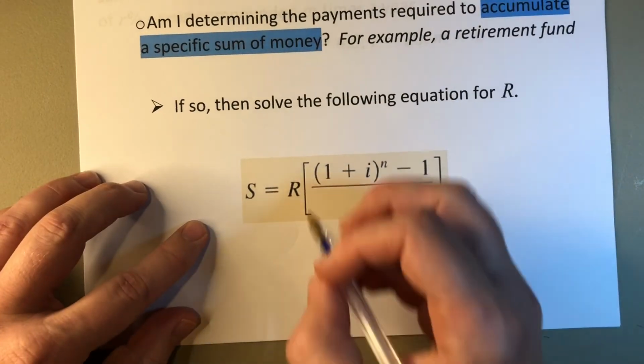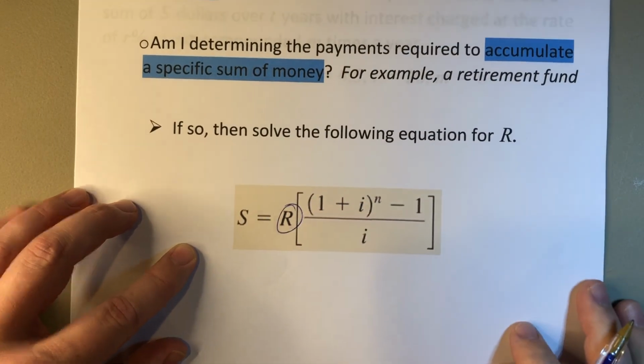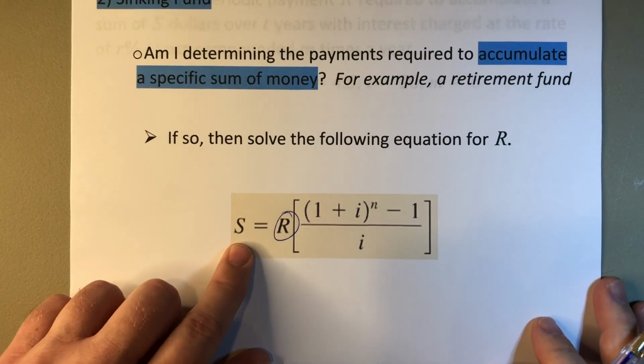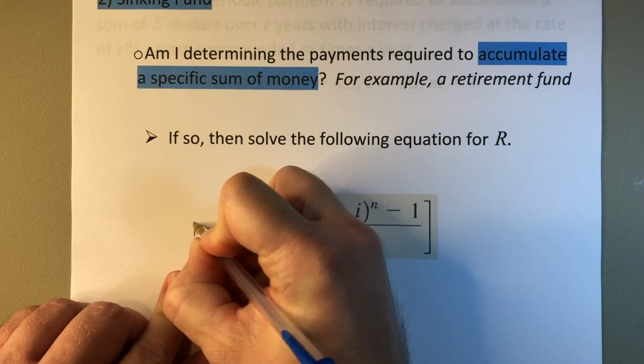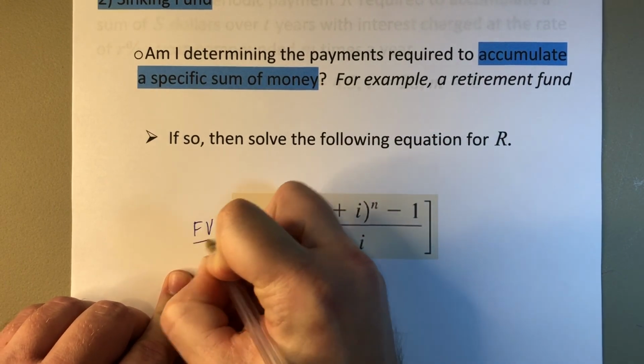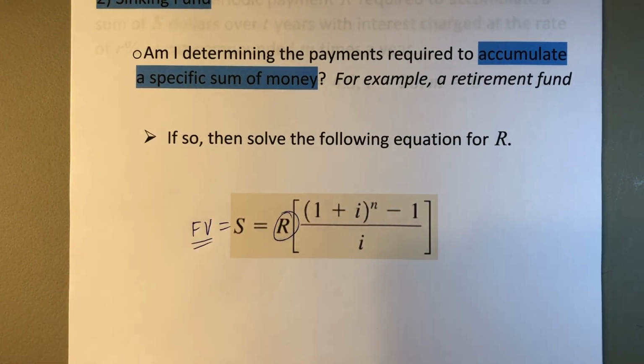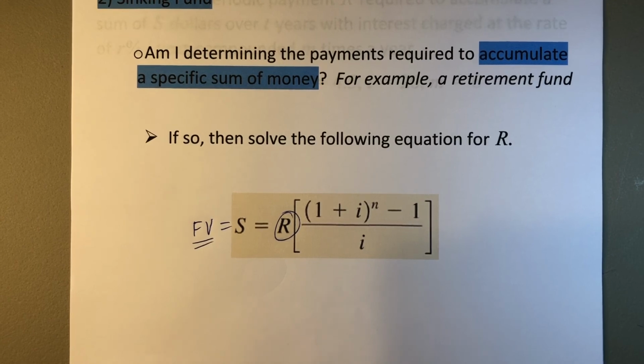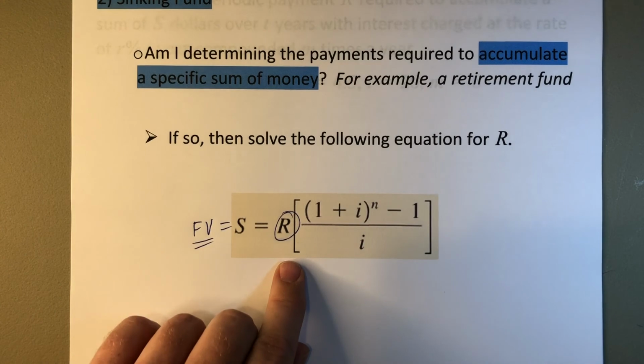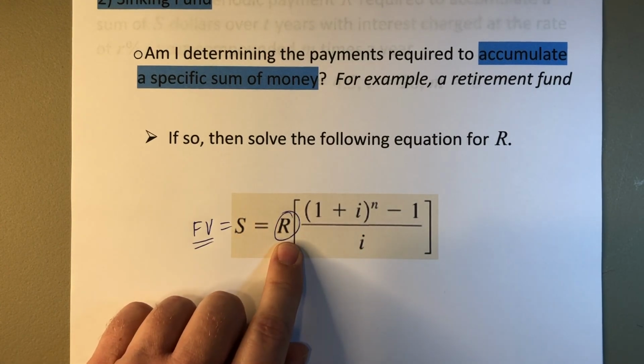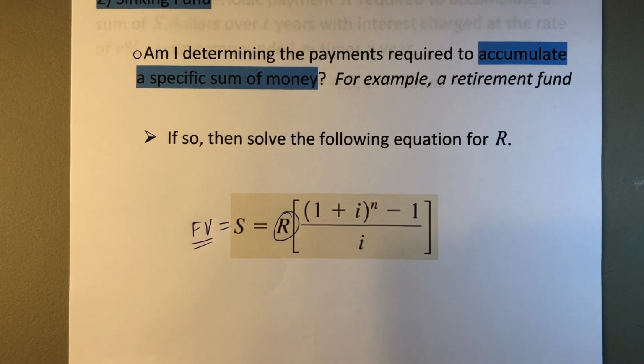Or what should the payment amount be to accumulate a certain amount of money, S? And this is really what again? Future value. Future value is the same as S if we were to use the application in our calculator. So that's the big difference in section 4.3. We're now trying to determine the payment that we should make, regardless of what that payment is for.